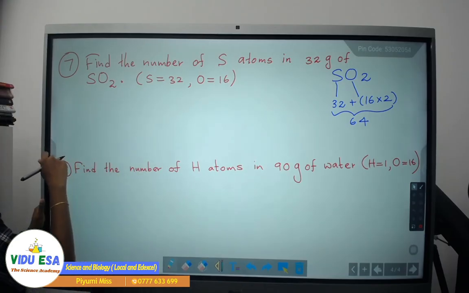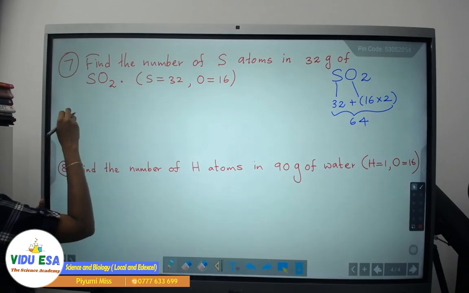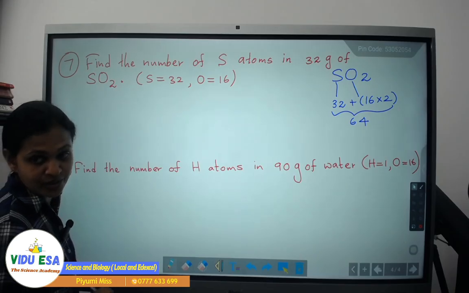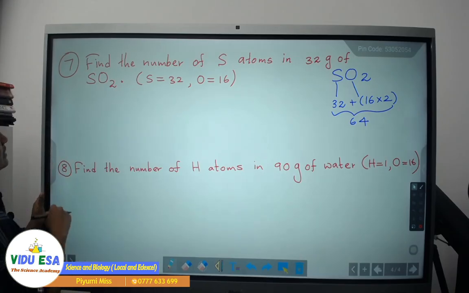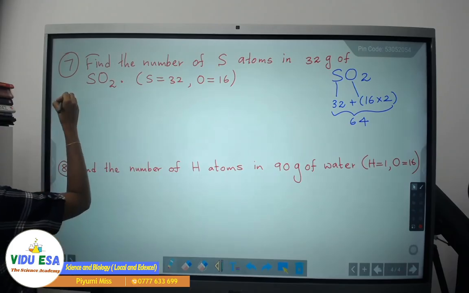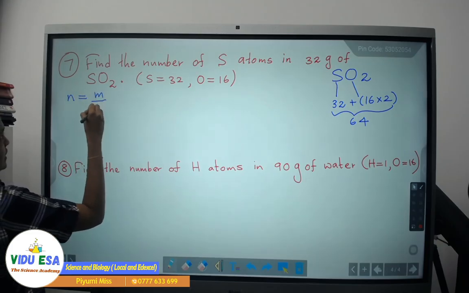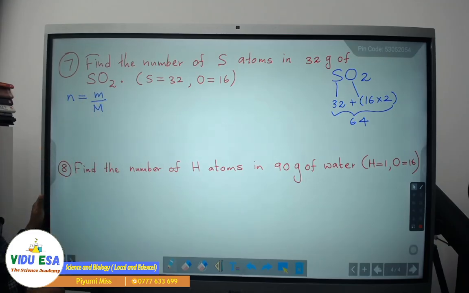We are asked to find the number of sulfur atoms. First of all, we have to find out the number of sulfur moles. Right? We'll write the equation. Number of moles equals mass divided by the molar mass.